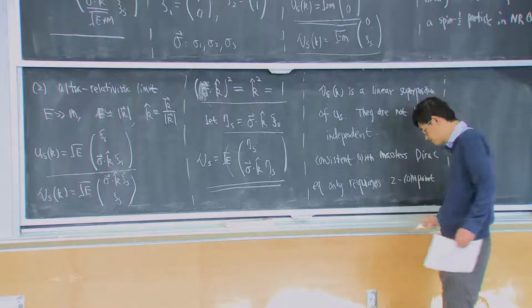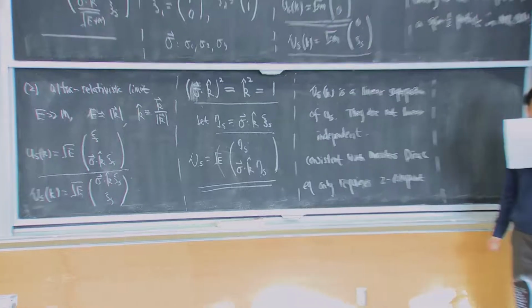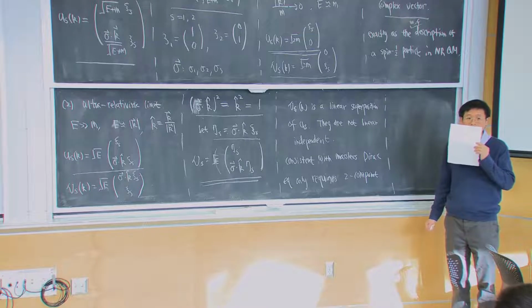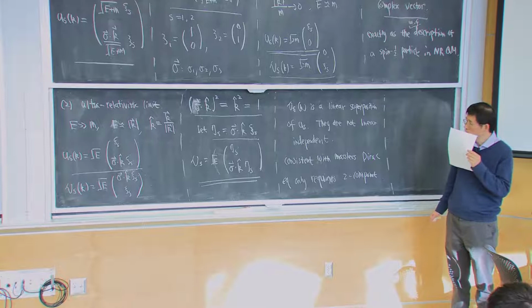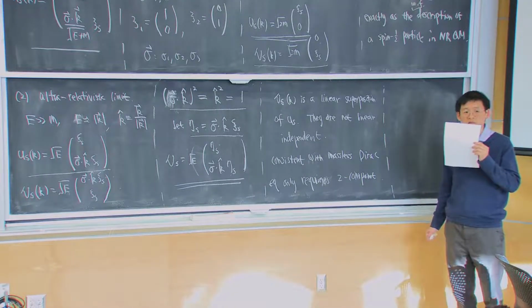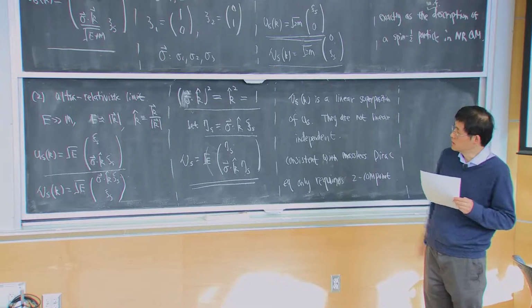Yes? So in the ultra-relativistic limit... Yeah, you have to be a little bit careful. Does that mean that's not to be thought of as like an inner product on the spinor space? Yeah, that's a very good question.